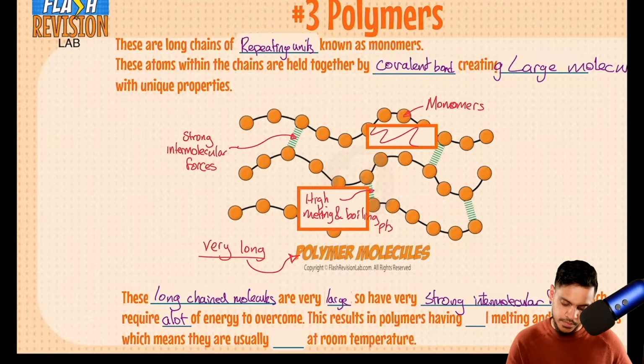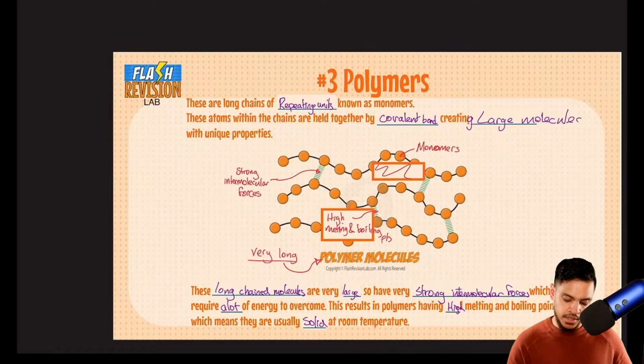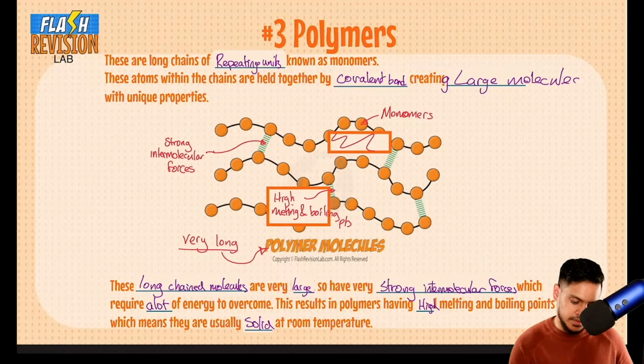This results in polymers having high melting and boiling points, which means these are usually solid at room temperature. When you think polymers, think plastics. Yeah, so they're plastics.